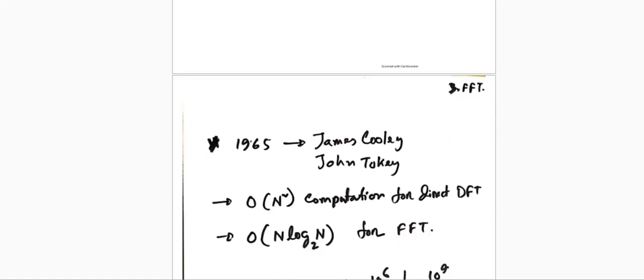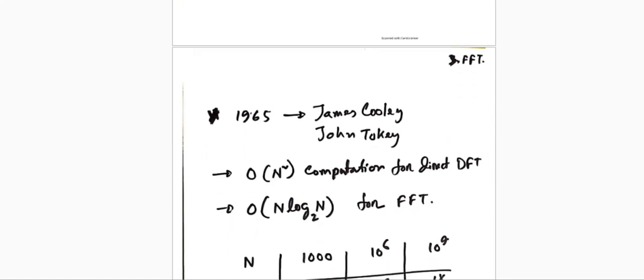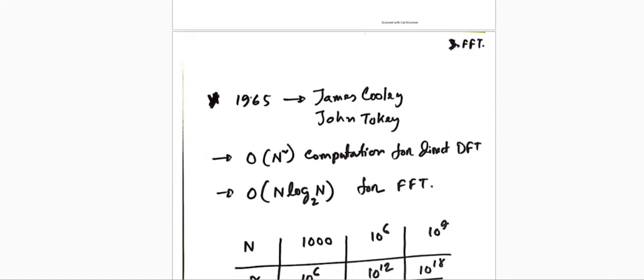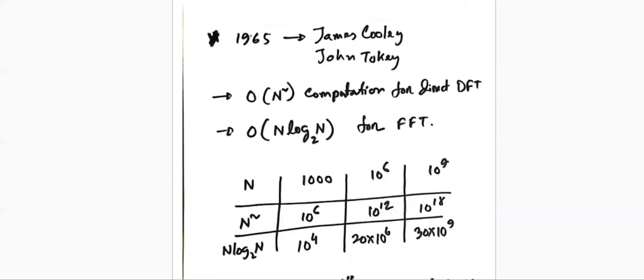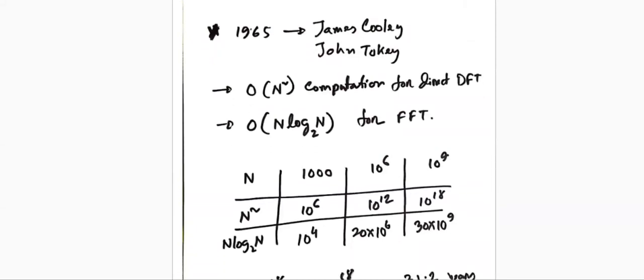We have the basic fundamental books for DSP, and we can also find different algorithms in different books. But we will discuss the fundamental ideas, why this is faster and how much faster it is. From the history, in 1965, James Cooley and John Tukey, in short Cooley and Tukey, invented this Fast Fourier Transform algorithm.